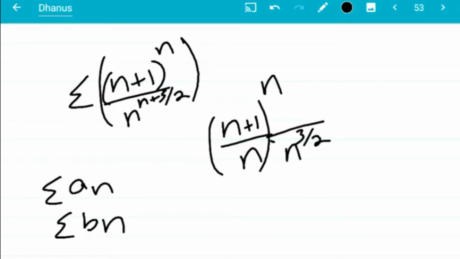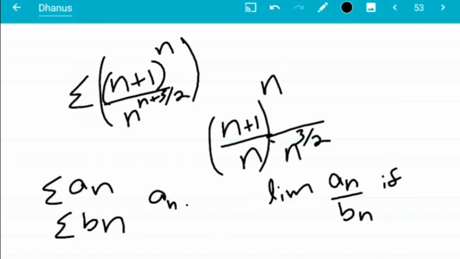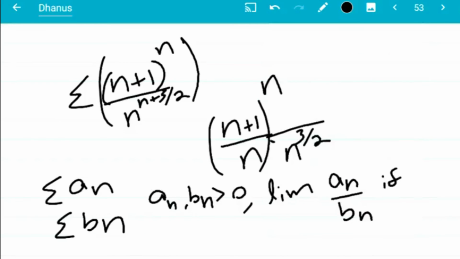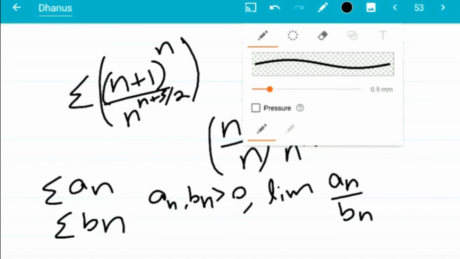Summation an and summation bn are series with an, bn greater than 0 and limit of an by bn is finite.